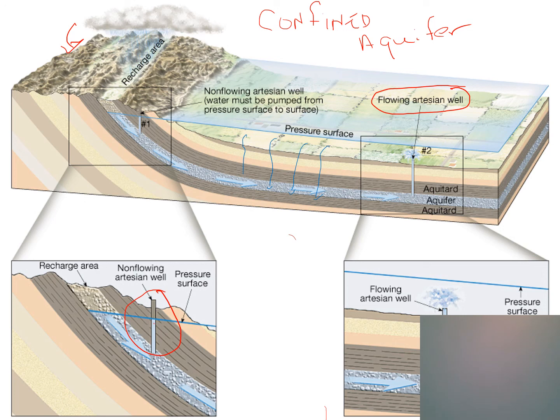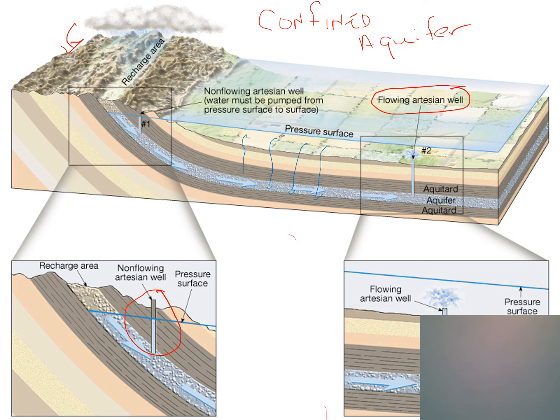So when it rains, when it snows, that's a recharge area. This would be an analogous situation to the Rocky Mountains and the Great Plains out here. There are stories about when the settlers first came to the Great Plains and they started drilling wells, the water would gush hundreds of feet into the air, and it would stay that way for weeks at a time until the pressure equalized.